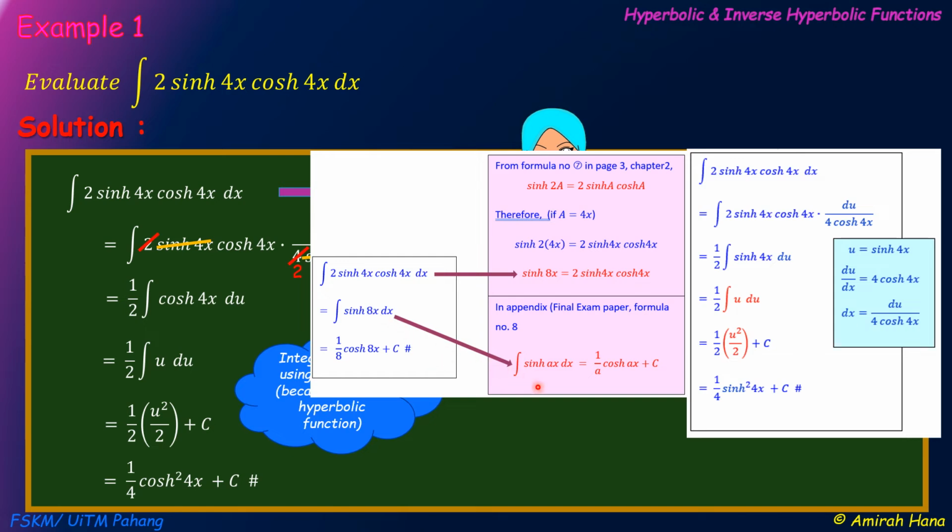When we use this formula, the final answer is negative 1 over 8, because our a is 8, cos 8x plus c. The answer looks different, but actually it is equivalent in terms of trigonometric identities. Okay? Got it?